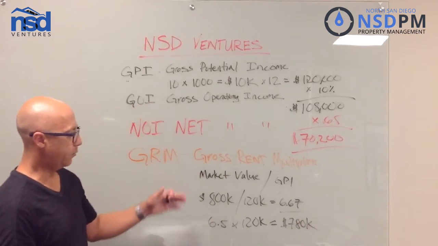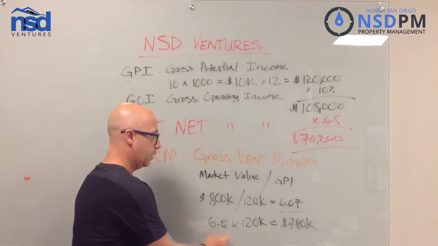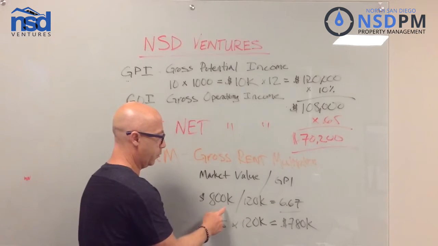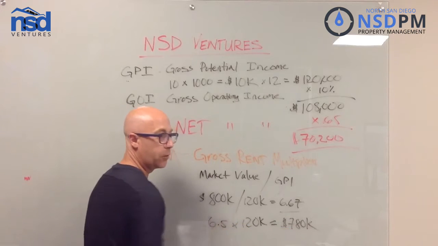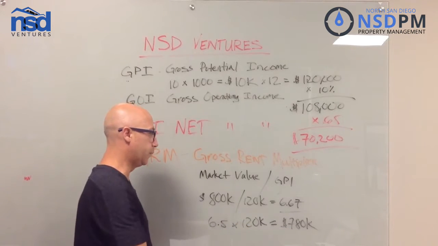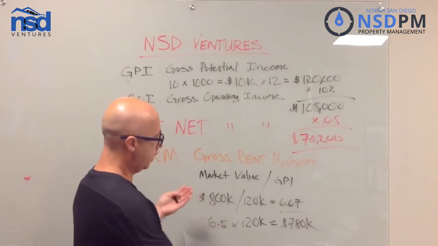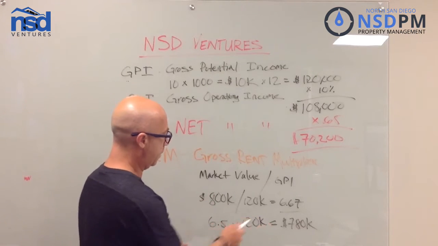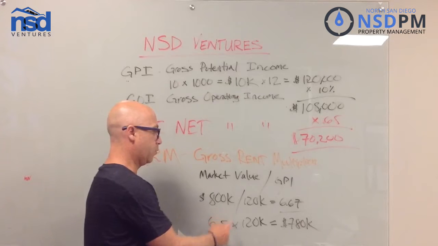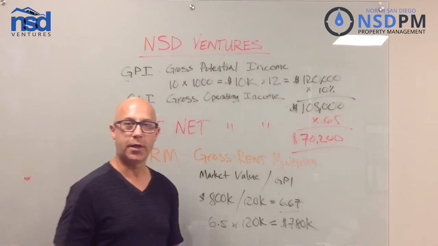So you can go ahead and compare properties and compare GRMs to possibly come up with what you would pay for a property also, right? So if this one was being marketed at 800,000 and you were at 780, hey, you might be able to figure out how to make up that number to get to that 800 mark, or at least begin negotiations, right?